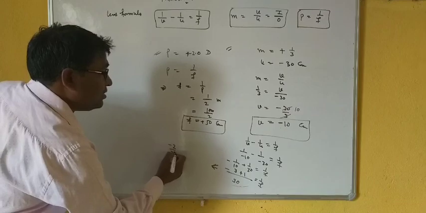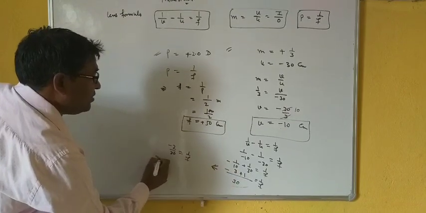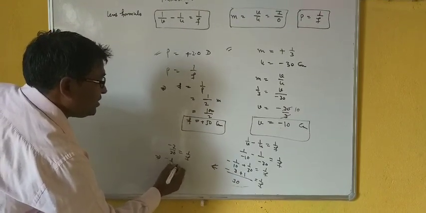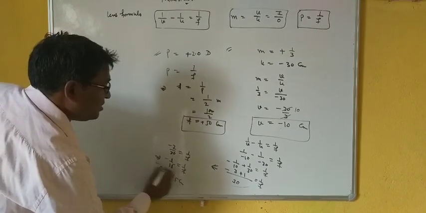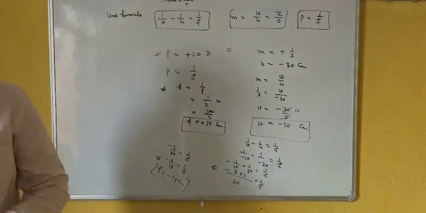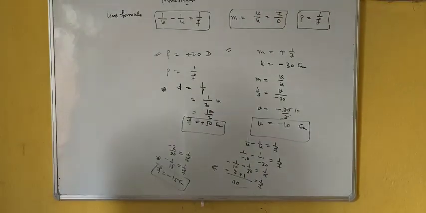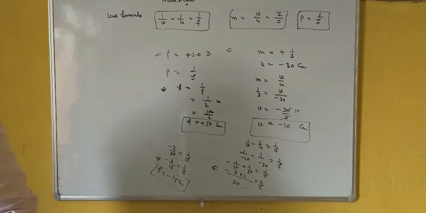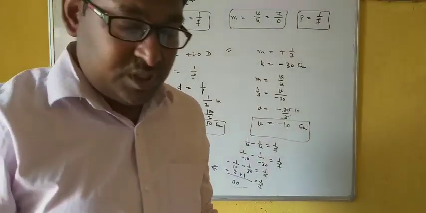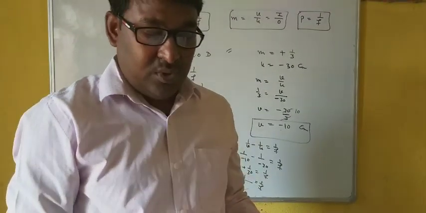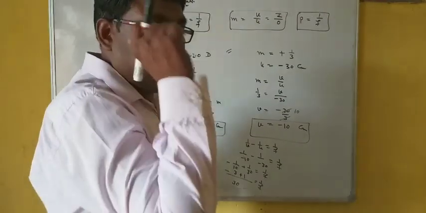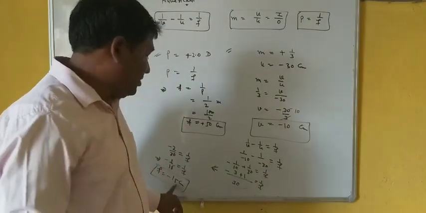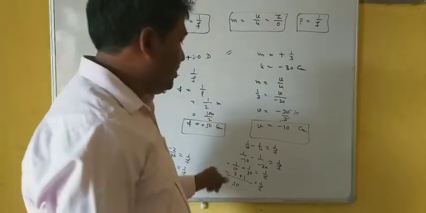Minus 2 by 30 is equal to 1 by F. So minus 1 by 15 is 1 by F. So F is equal to minus 15 centimeter. Since focal length is negative, therefore, what type of lens is it? It is a concave lens. Okay, its focal length will be minus 15 centimeter.